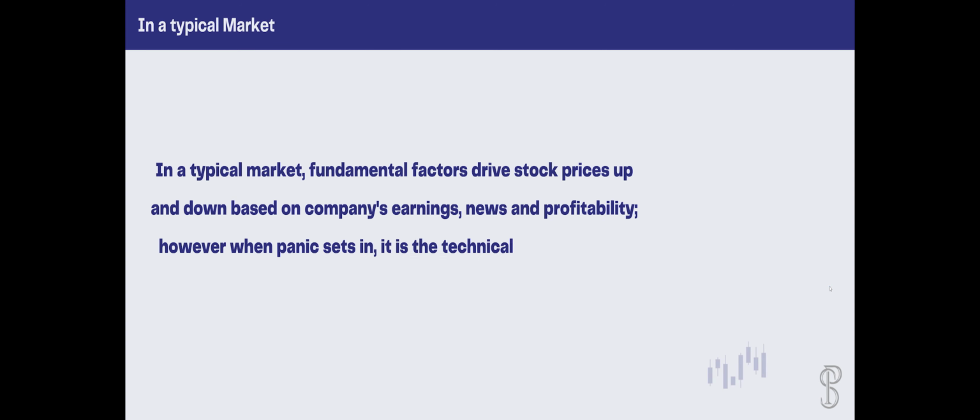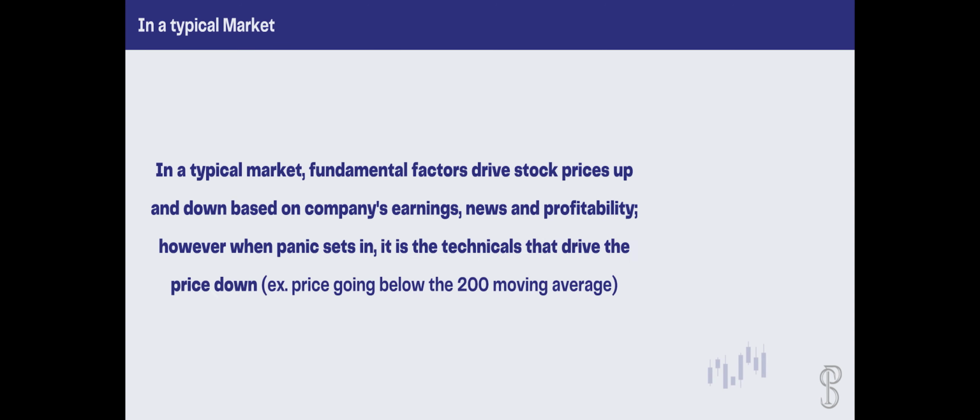Now, a very important point to keep in mind: in a typical market, fundamental factors drive stock prices up and down based on companies' earnings, news, and profitability. However, when panic sets in, when something bad happens or the market is in turmoil and doesn't know what to do, that's when technical analysis will drive the prices down.